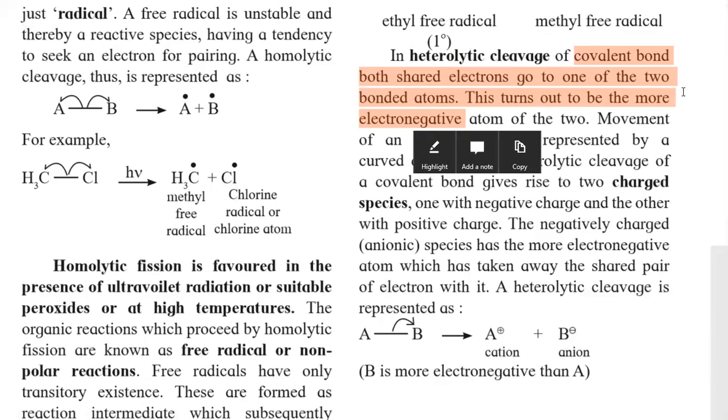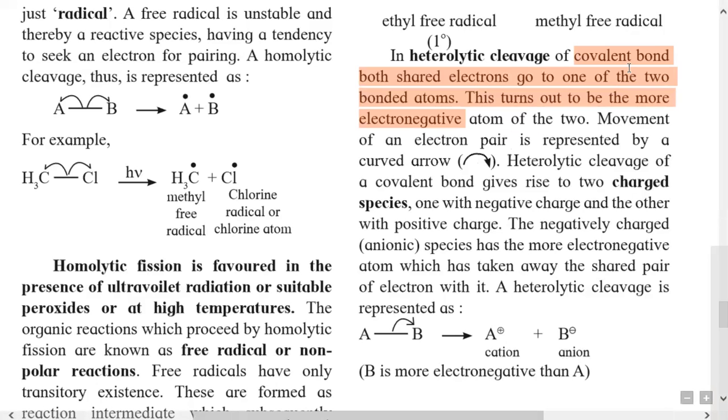Meaning both electrons present between the two atoms go to one of the bonded atoms, which possesses a negative charge, and the other possesses a positive charge. So after heterolysis, we get a negatively charged ion and the other is a positively charged ion. We know a negatively charged ion is called an anion and a positively charged ion is called a cation.